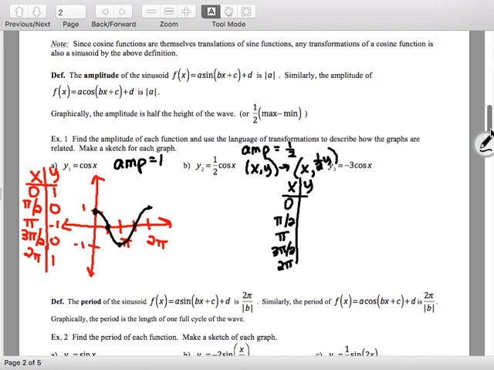I'm going to ask you for your 5 key points. If you're going to do it another way, that's okay, but you have to be able to identify your 5 points. Here, I'm going to take all the y values of the parent function and multiply the y value by 1/2. So it's 1/2, 0, negative 1/2, 0, 1/2.